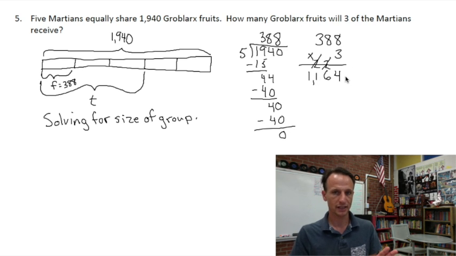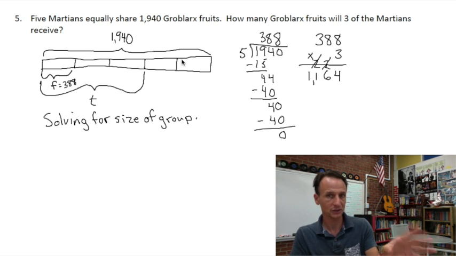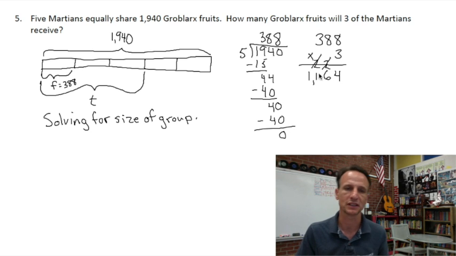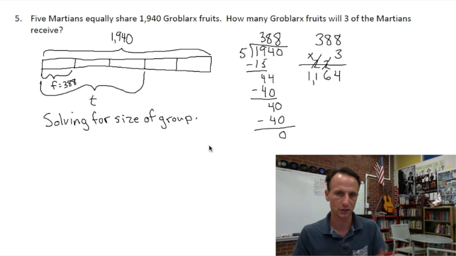I just want to make sure that kind of makes sense, right? It shouldn't be more than this. Like 3 of them can't get more fruit than I have in all, and they couldn't get less than 1 Martian gets. I just want to make sure this answer makes sense. And this is about 400, which tripled would be 1,200. This is in the 1,200 neighborhood. Okay, I'm good.